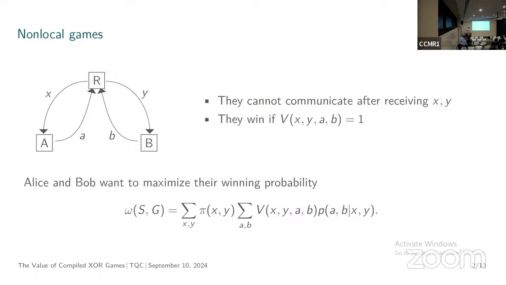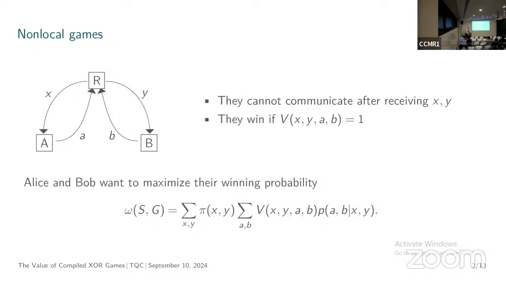So this is this omega, where pi is the distribution, the probability of the referee sending X to Alice and Y to Bob. V is this verification function, and P is the probability of Alice and Bob getting X and Y and answering with A and B. And where does this probability distribution P come from? Before the game, they are allowed to agree on some strategy, and depending on this strategy one gets this probability distribution.